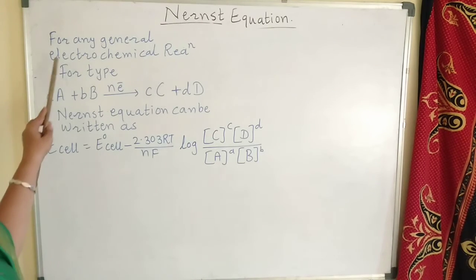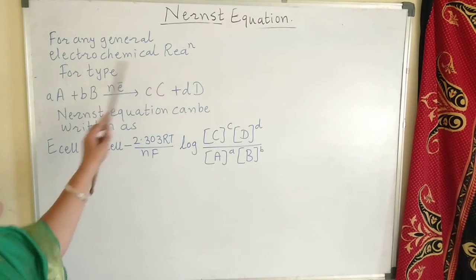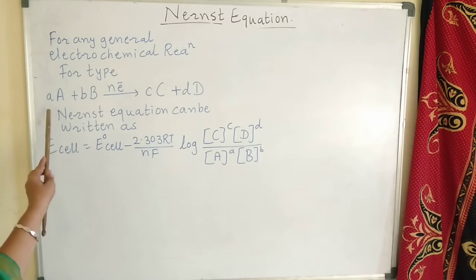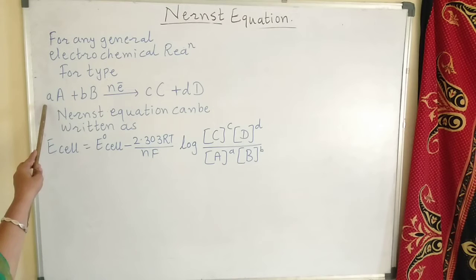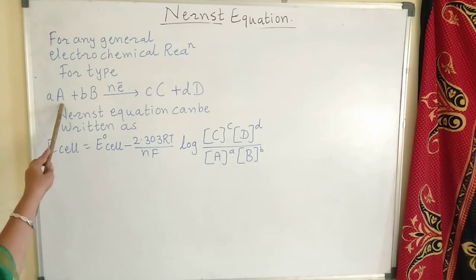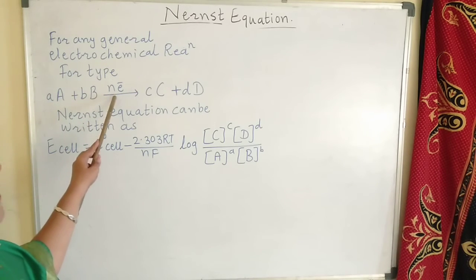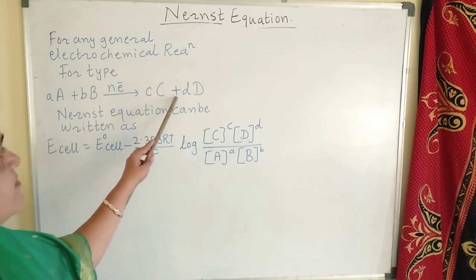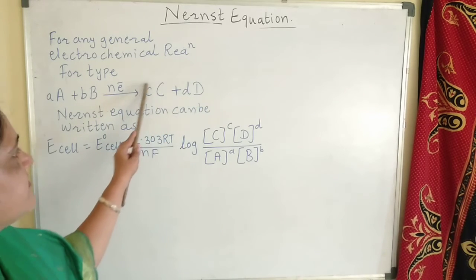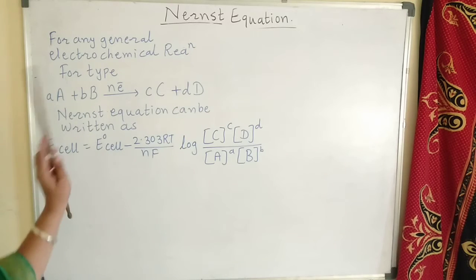Now for any general electrochemical reaction, if it is taking place in the electrochemical cell, the general reaction is a into capital A plus b into capital B, on the arrow, n electrons are gained, giving c into capital C plus d into capital D, where C, D are products and A, B are reactants.